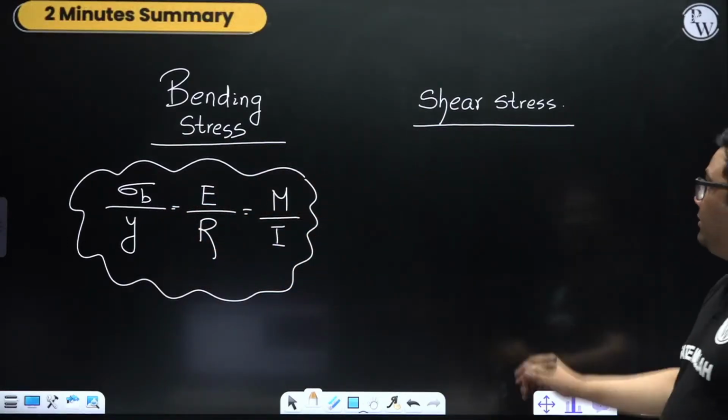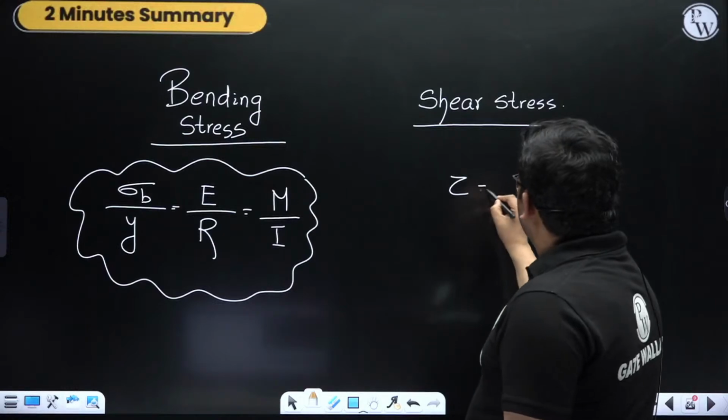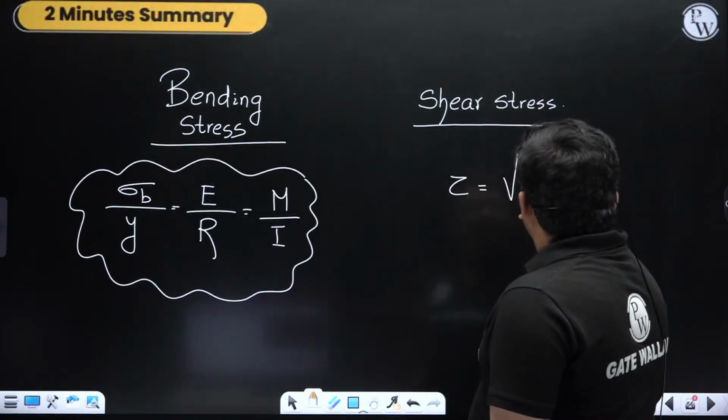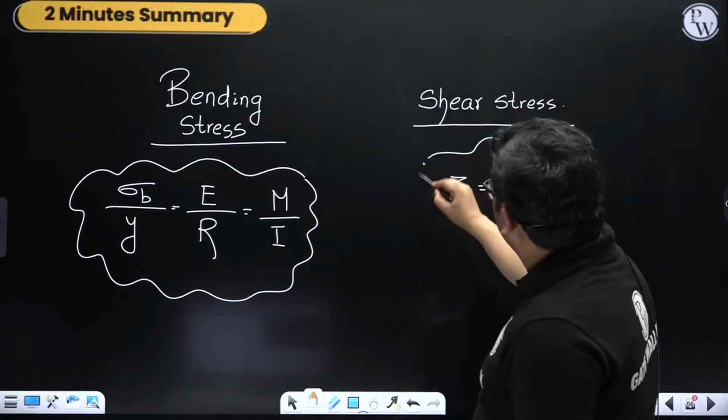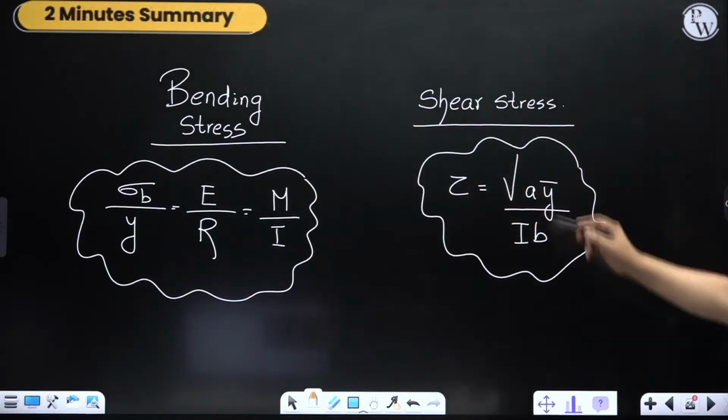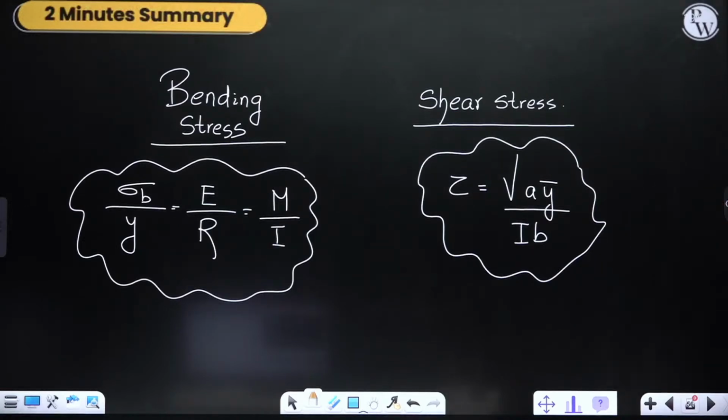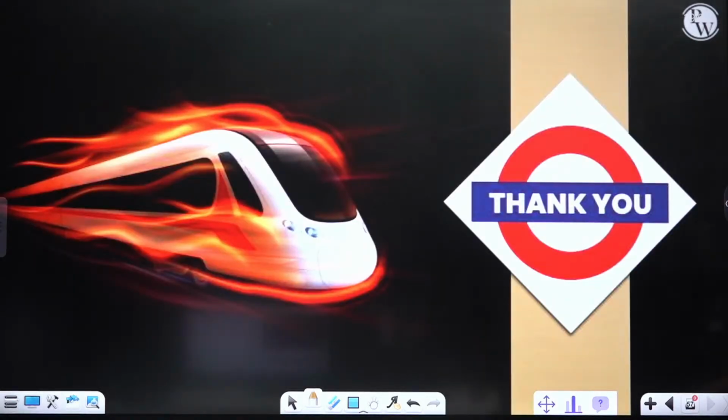And for shear stress, what was the governing equation? V A Y bar by I B, right? And we also saw the distributions, also saw for rectangular sections, many things we saw. I think most of the things are covered. So tomorrow we are going to study what?